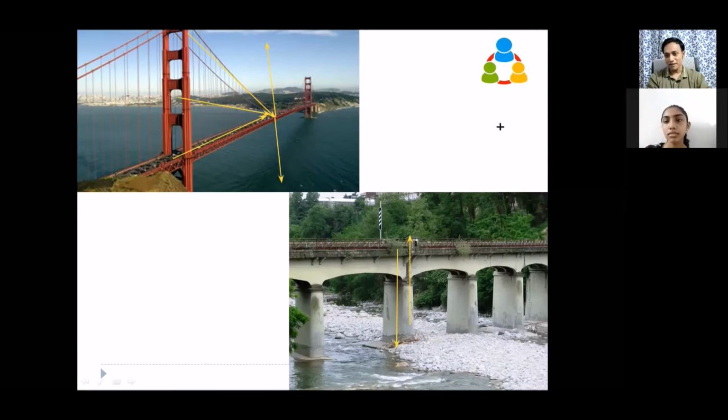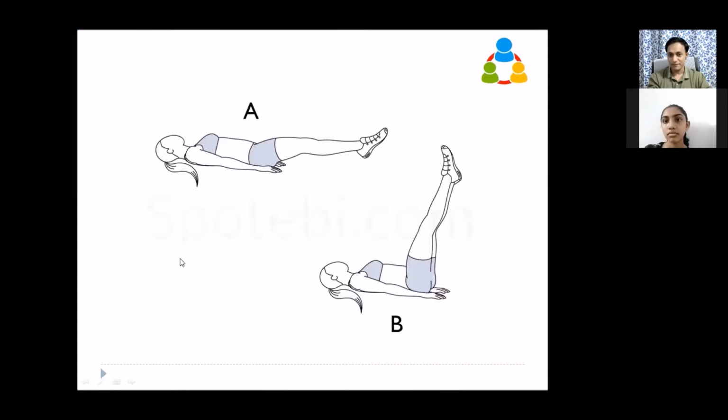Right? Now to prove this further, we brought this case of you doing exercise. Right? So which is tougher? What was our conclusion? A was tougher. So why was it tougher?